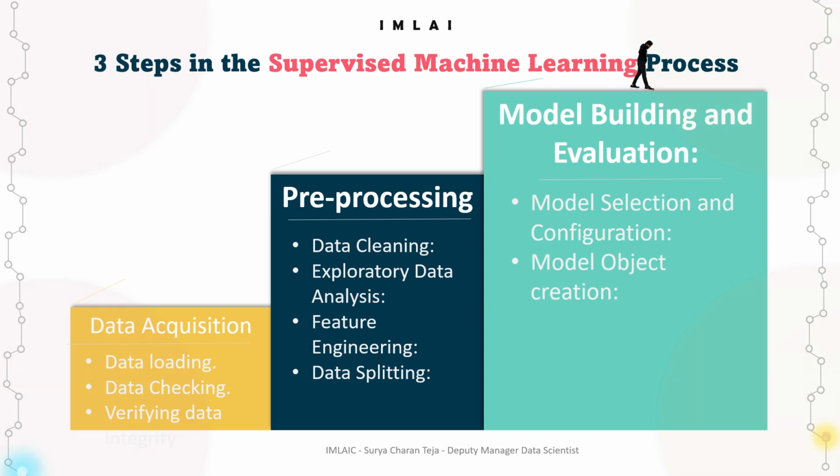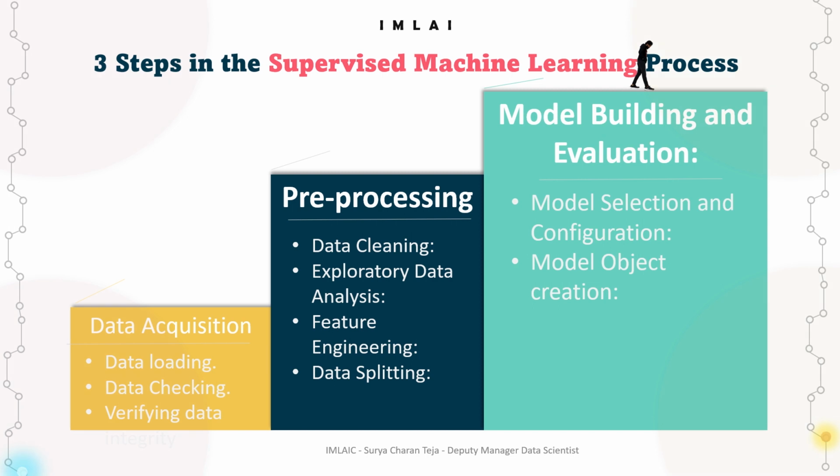From that package, we import the linear regression module. From that module, we use the LinearRegression class, and with that class, we instantiate an object. So from library, package, module, we instantiate the class object.